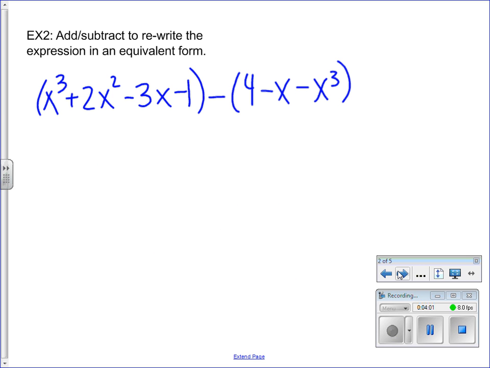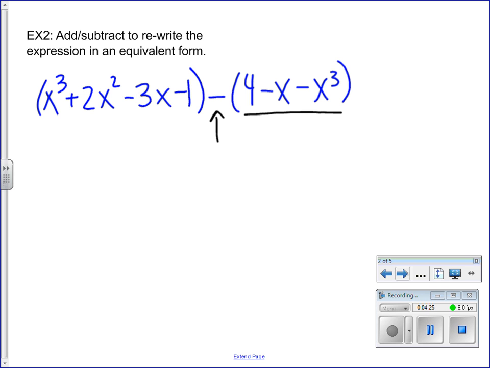Okay, next example. Same thing, we're going to rewrite the expression in equivalent form. One thing I notice here is that there is a negative sign in between. Another thing I notice is that this second expression is not written in the order that we just said we like to write them in, where it's the largest exponent and then it goes descending order from there.